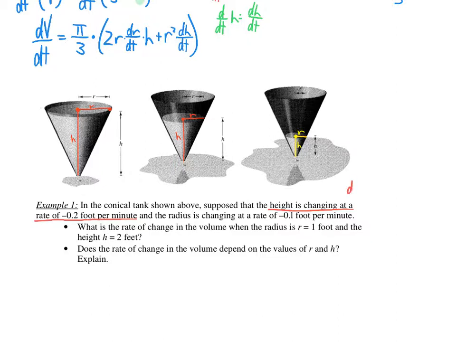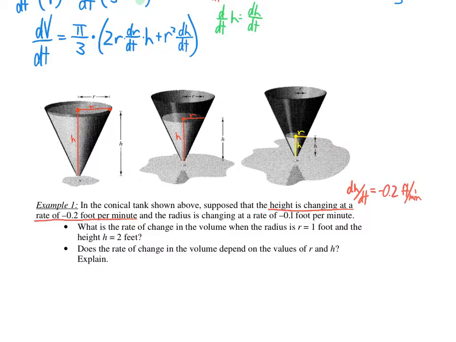So we were just told dH dt is -0.2 of a foot per minute. The rate of change is the derivative, that's the dH dt.